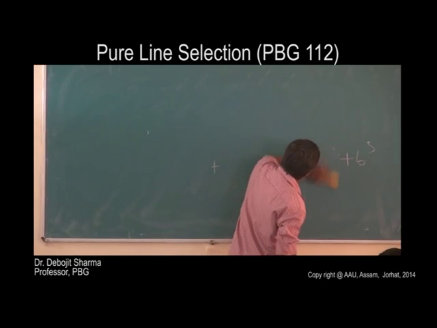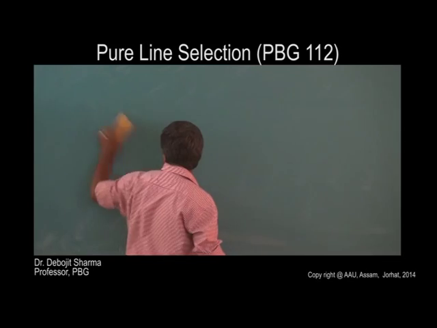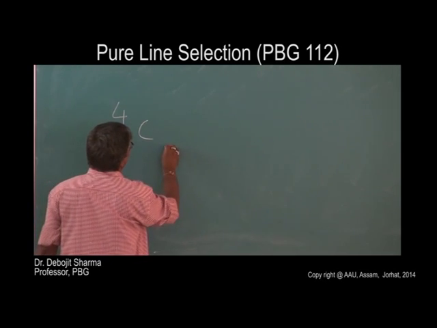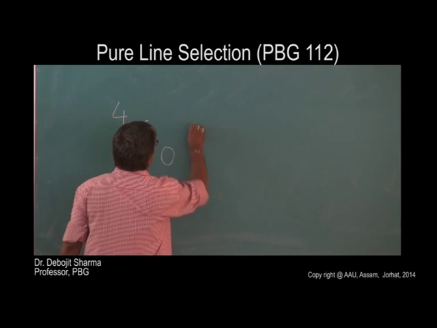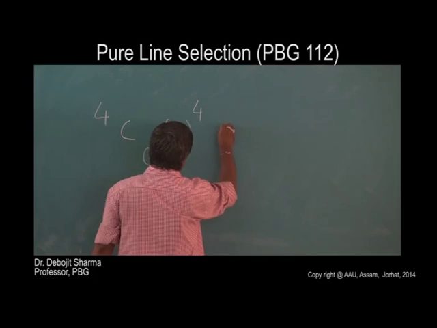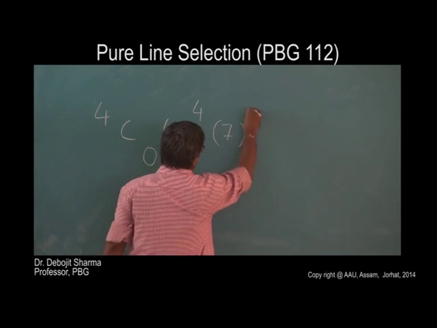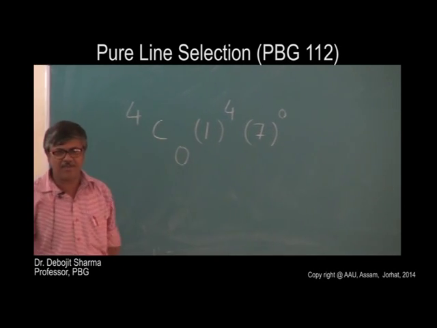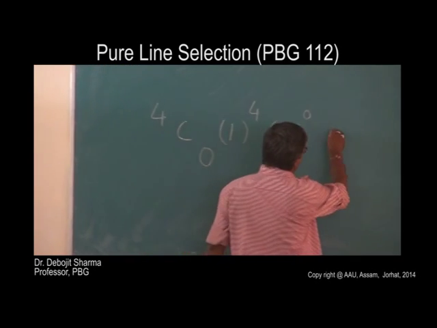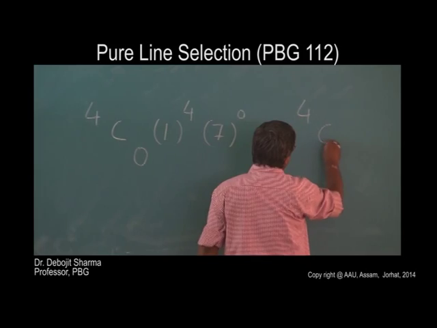What will be the first term? This will be the first term in the binomial expansion, and the second term will be 4c1.